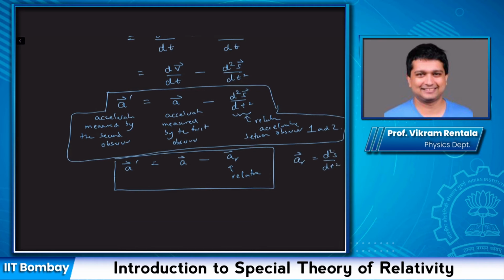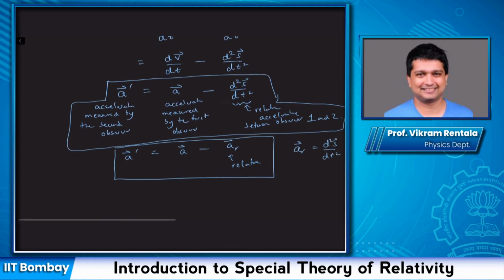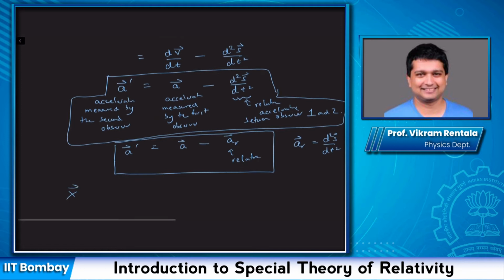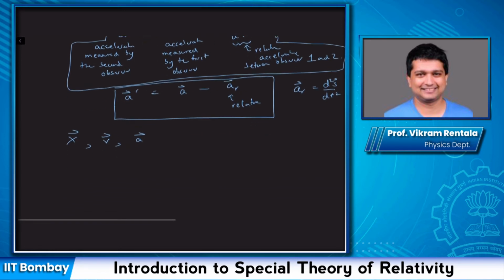Okay, the third word of our dictionary, after position and velocity, is acceleration, and we learned how to translate accelerations between different observers. Again, for the specific case where this displacement vector S, which we had written as A earlier, is v relative times t, a constant vector times t, that is, they're in a state of uniform motion with respect to each other, then d squared s by dt squared is 0.